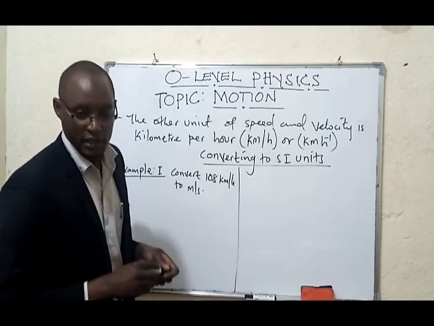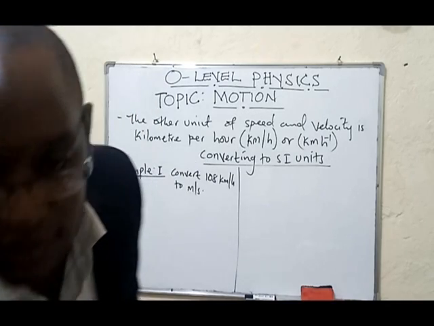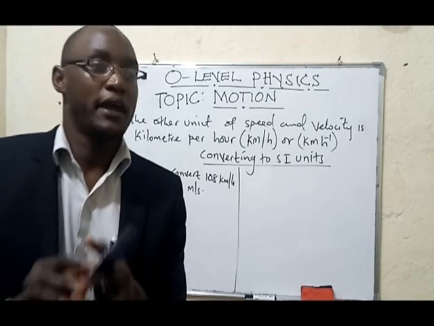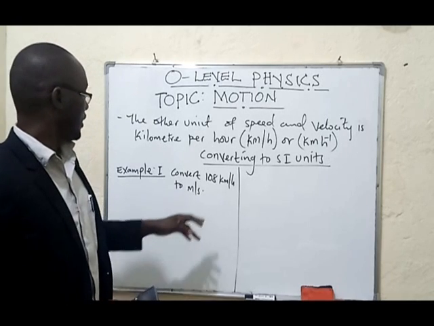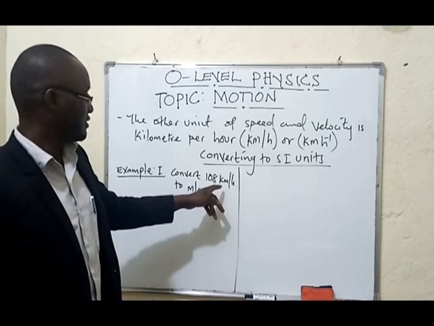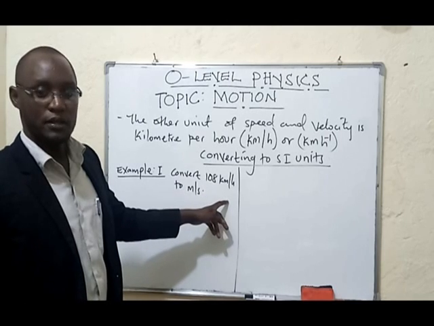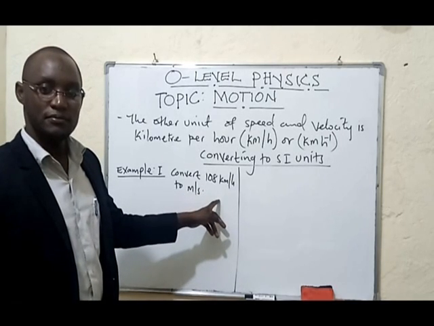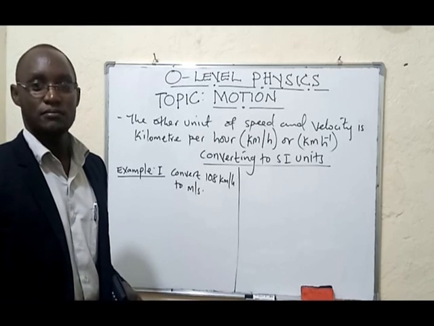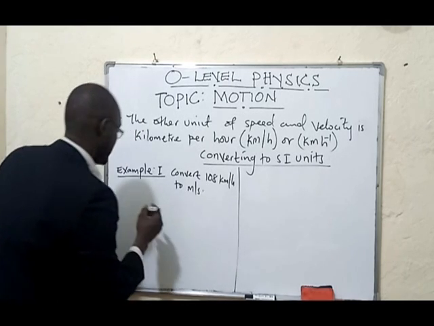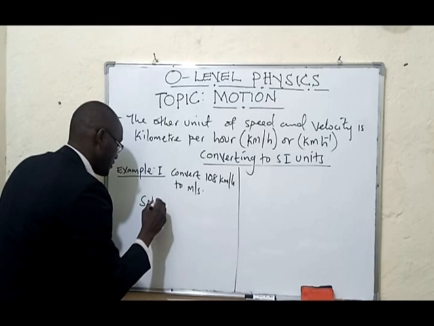You should be having a scientific calculator. My calculator is here. So this is very simple. Kilometers per hour means distance over time. Convert the distance to meters, then convert the time to hours. Yes, we know very well in our solution. This is the solution.